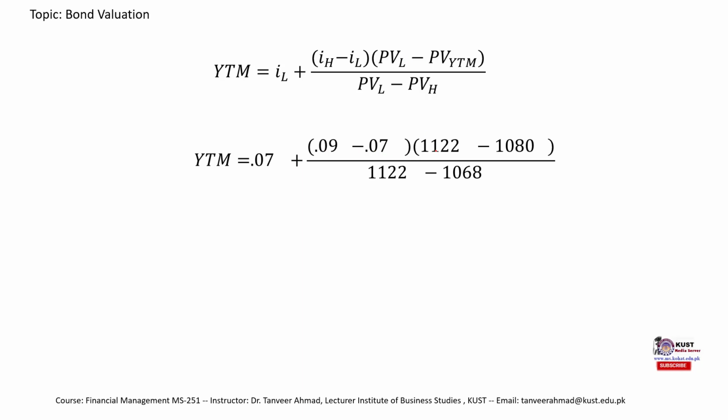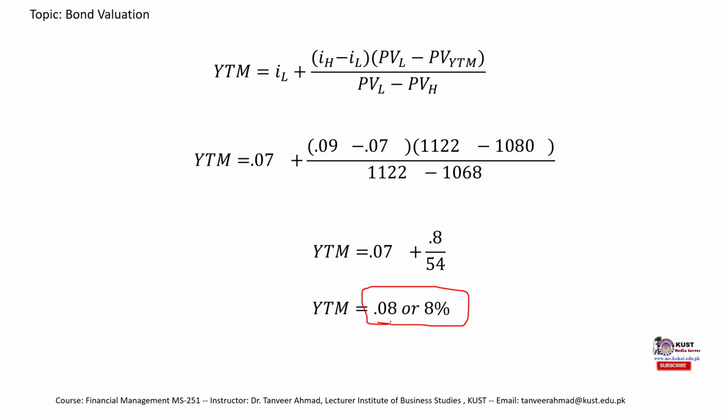PVL is 1122 minus 1080, the value that would be at the correct YTM. Then PVL is the answer that we got at lower interest rate, and PVH is the answer that we got at higher interest rate. So by simplifying this, we get an answer of 8%, which is exactly similar to the one that we found using the trial and error method.